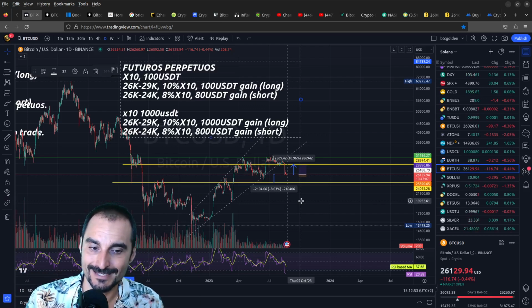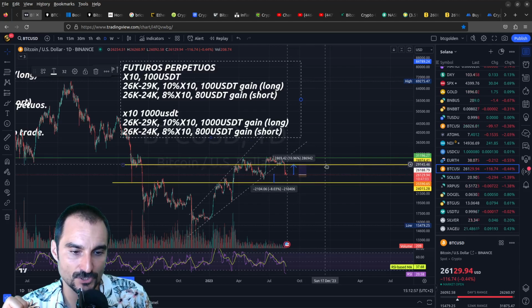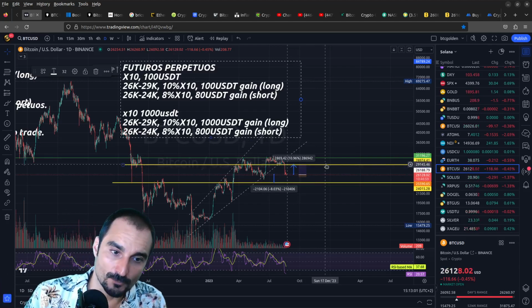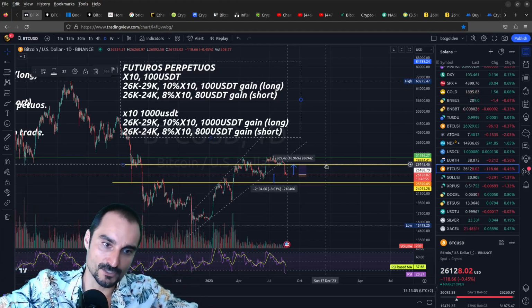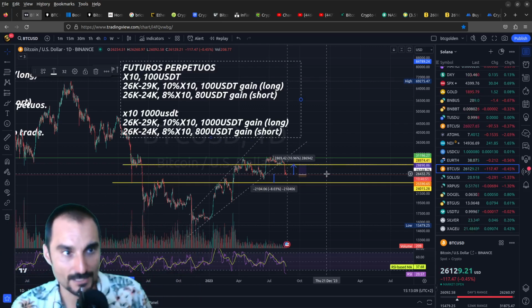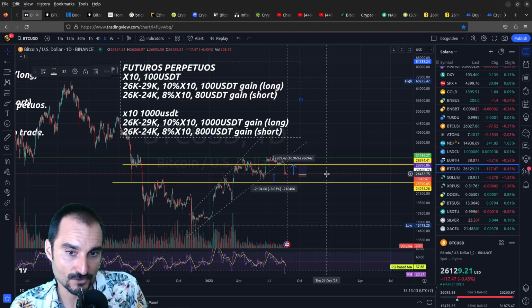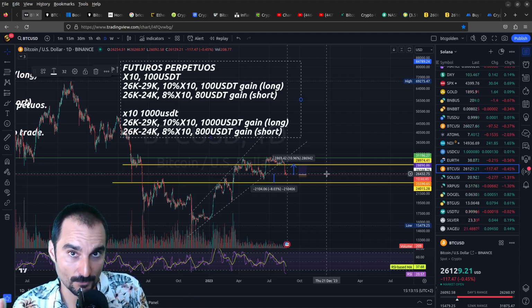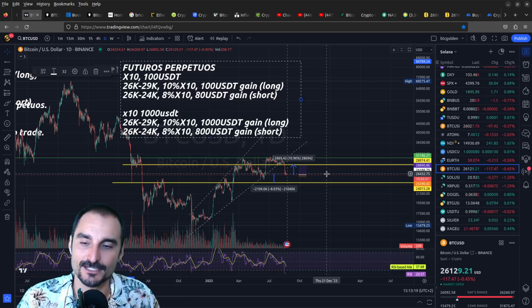True? We would only have to wait for the Bitcoin price to rise to our target, which in this case would be 29,000. How long can it take? Well, you already know that Bitcoin depends on the situation, more or less, depending on how close we are to the halving. But that would be the worst condition, that we would have to wait with those Bitcoins for the Bitcoin price to rise to make a profit, but we would not lose money. We would just have that $1,000, $10,000, $100,000 or whatever blocked.